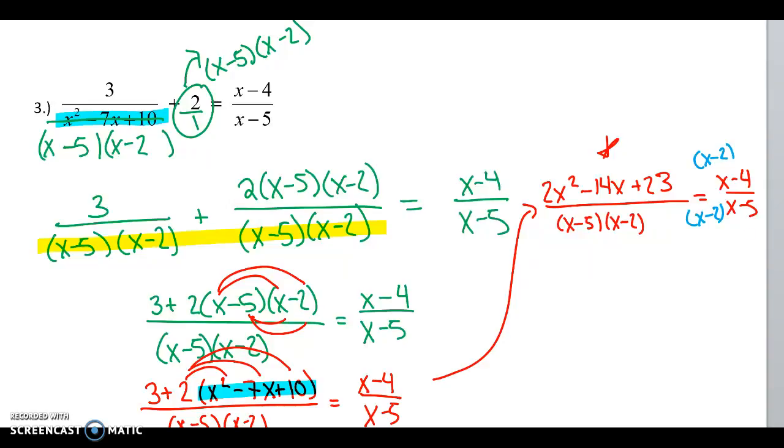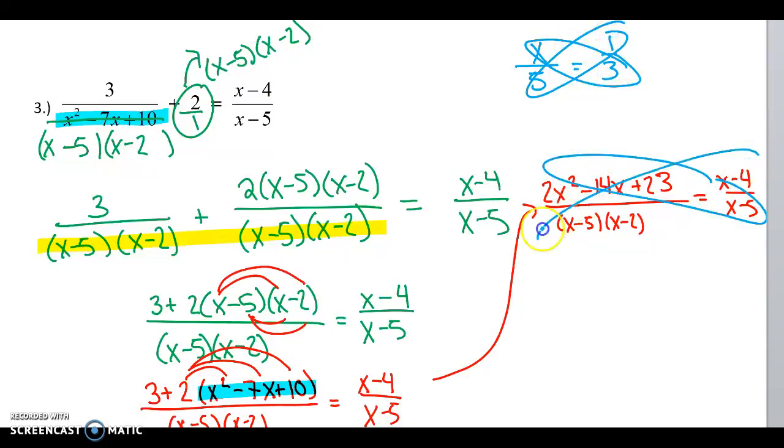Or if we remember how to solve fractions from earlier, if I have like x over 5 equals 1 over 3, we can solve this by cross multiplying, which I could do here. But if you do that, the problem is you're going to have x times x in this row here.